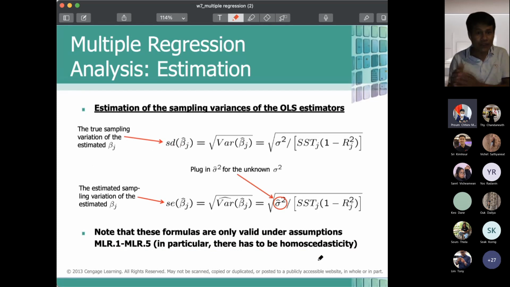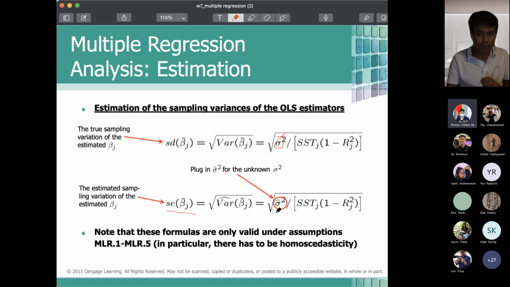All right. So after we found the unbiased variance, then we can generate the standard error of delta J. Again, our goal is to obtain unbiased delta J and unbiased standard error of delta J. And to obtain this unbiased standard error of delta J, make sure we obtain an unbiased variance of the error term.